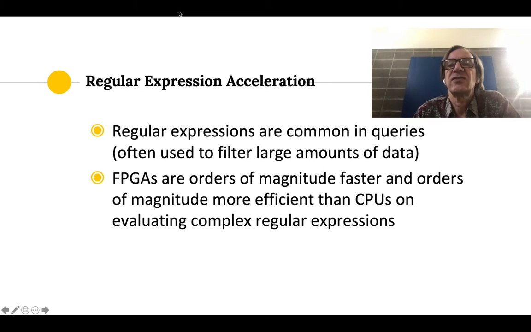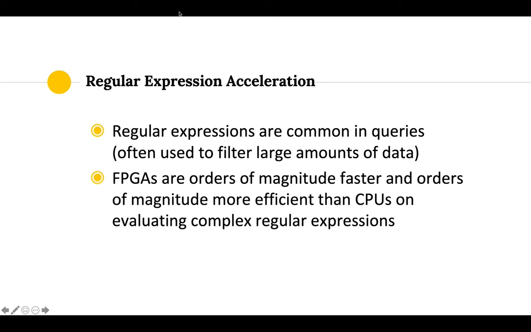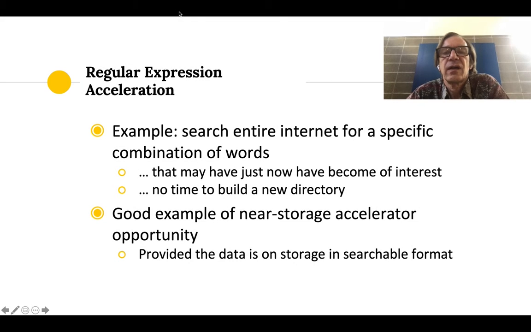So FPGAs are very good at evaluating regular expressions and an order of magnitude more efficient than CPUs. And therefore, this is a good use of an accelerator. Looking at an example of regular expressions in a bit more detail.